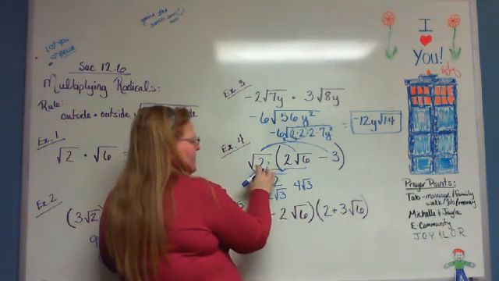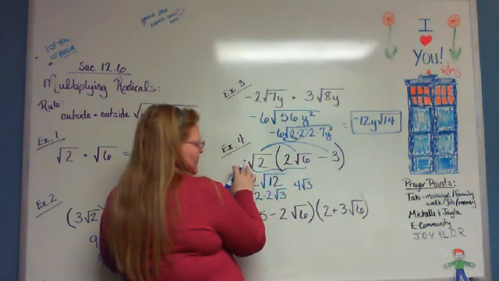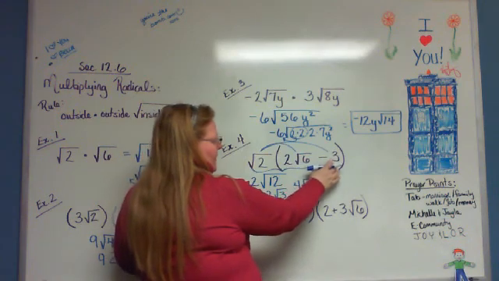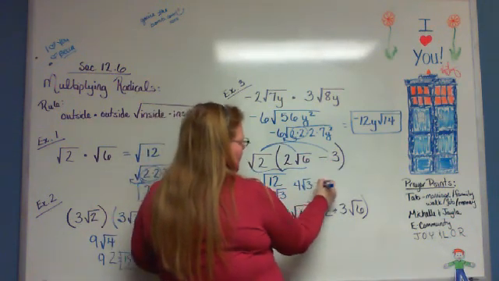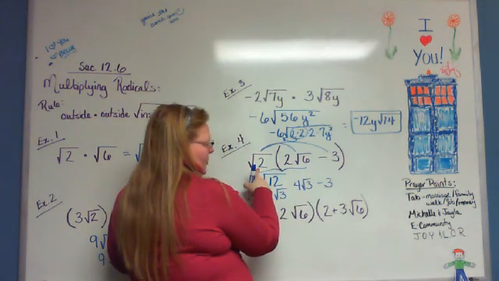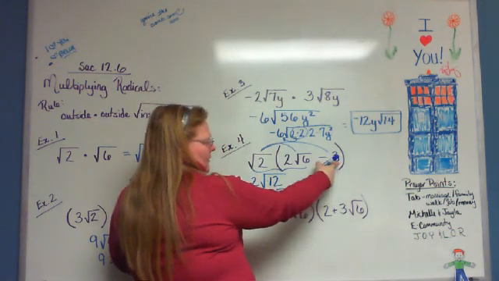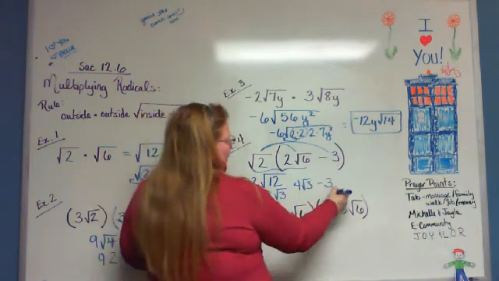Now I have to do this one times that one. Well, my outside here is a 1. My outside there is a negative 3. So 1 times negative 3 is negative 3, and then inside is the square root of 2. Inside there is no inside there, so there's nothing to multiply it by.